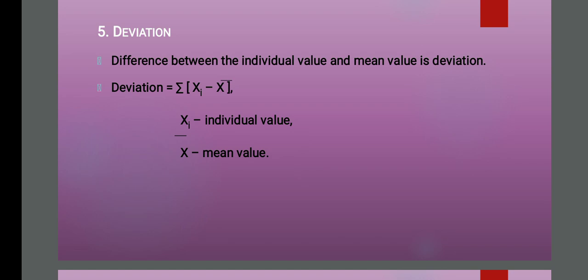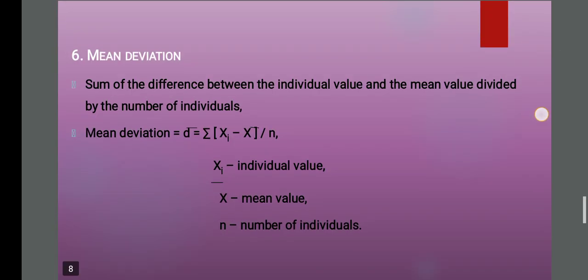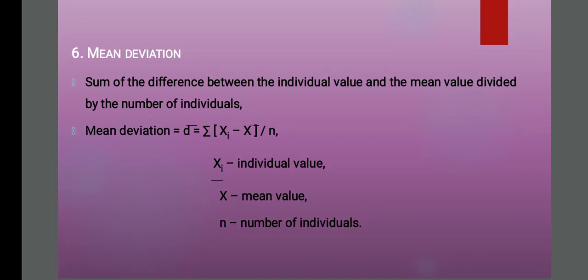So next one is mean deviation. What I mean by mean deviation is the sum of the difference between the individual value and the mean value divided by the number of individuals. நம்ம deviation பார்த்தோம்ல, அதை நம்ம divided by number of individuals போட்டோம்னா that will give you the mean deviation. Deviation என்னது?